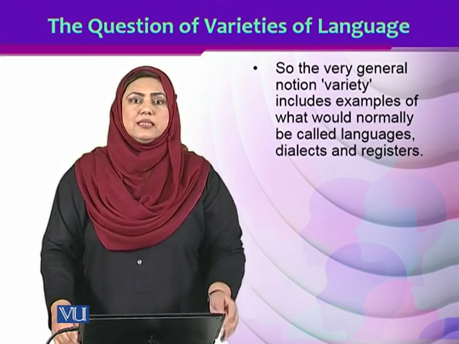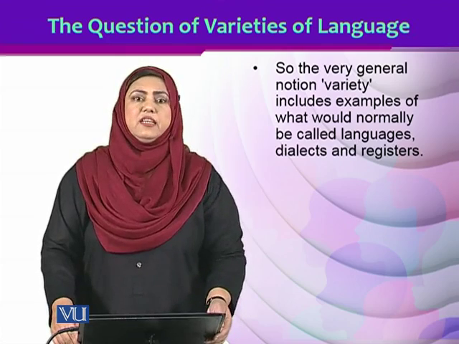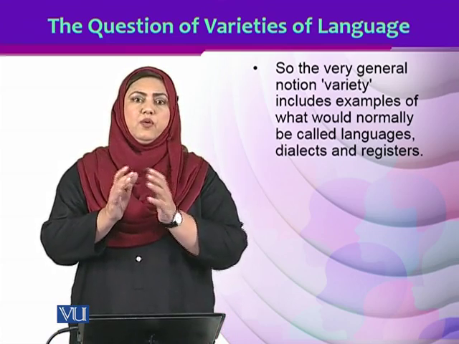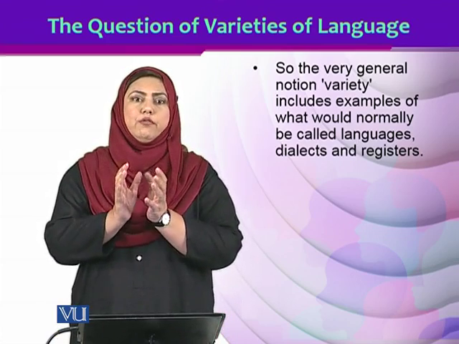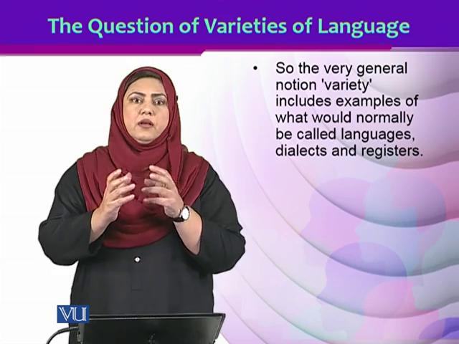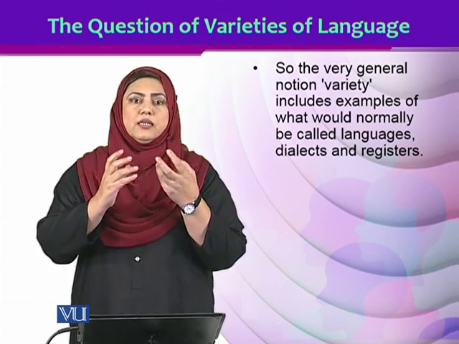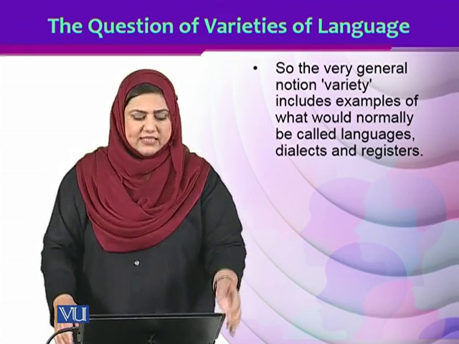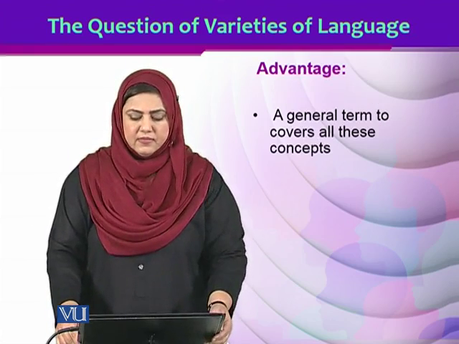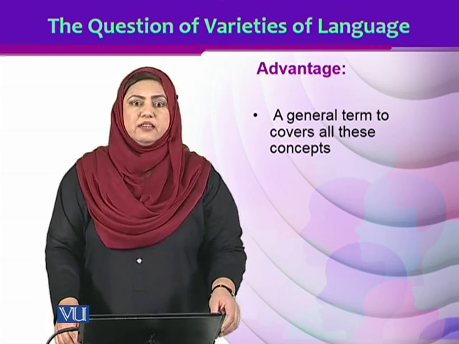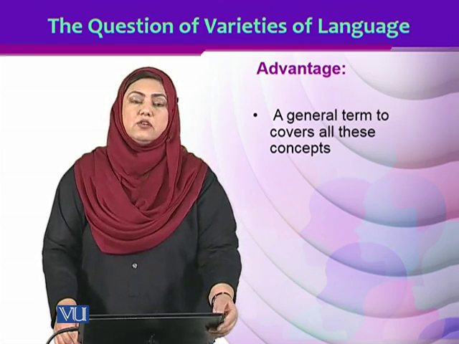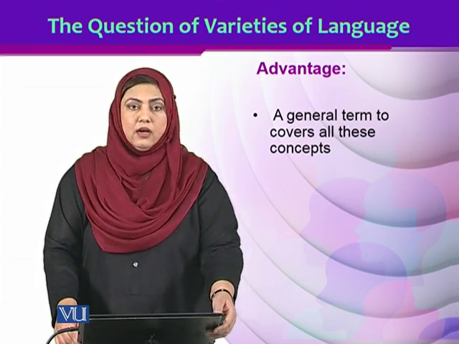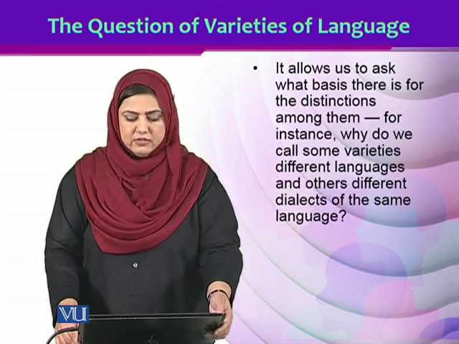So, the term variety is a very, very loose construct, and it covers multiple, various kinds of what I would call differences that exist in different types, and it calls them varieties. It is a general term for all these concepts that I've talked about, like dialects, languages, registers, sociolects, etc.